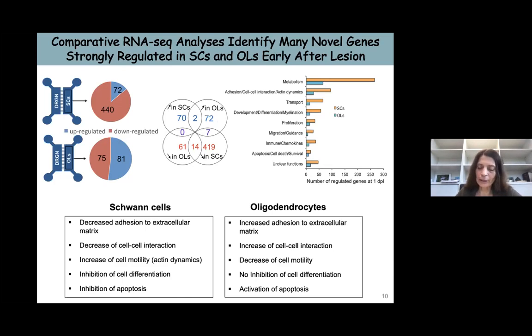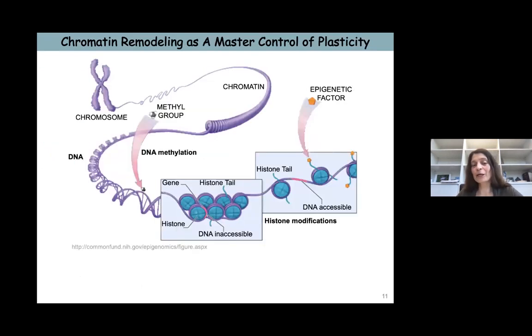And then, as Jorge said, we are very much specialized. The second part of our work is on chromatin remodeling, which is actually the main part. We work a lot with chromatin remodeling enzymes of the histone deacetylase and histone demethylase families. Chromatin can be remodeled by different modifications, either directly on the DNA by methylation or on the histones by various modifications.